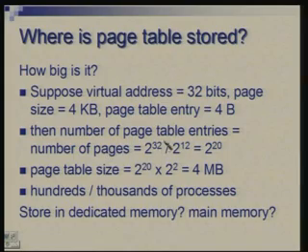If you put all these together, the number of page table entries, which is equal to number of pages, is 2 raised to the power 32, virtual memory size, divided by page size, or 2 raised to the power 20. So, 1,000,000 pages are there in the virtual memory, and size of the table could be obtained by multiplying this 1 million by size of each entry, and you get 4 megabytes.